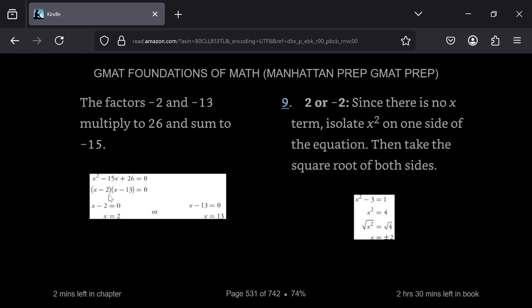So here it says that it should be -2 and -13, because if we multiply -2 and -13, what we get is 26. Negative times negative gives us positive. And once we add them together, we get -2 plus -13 equals -15.